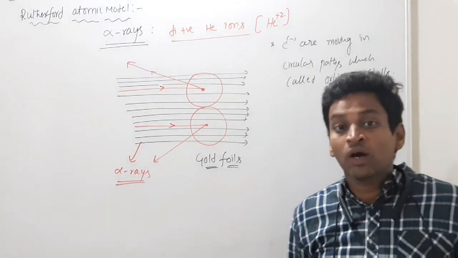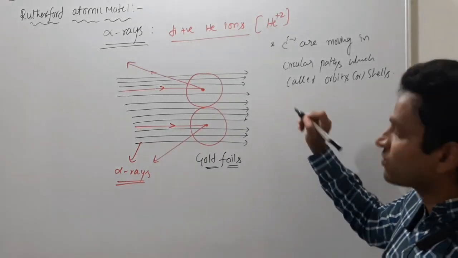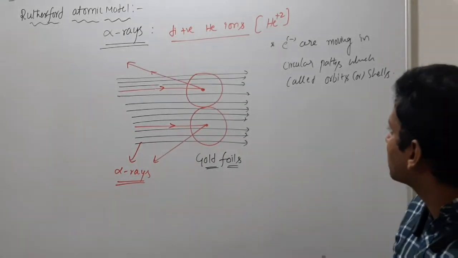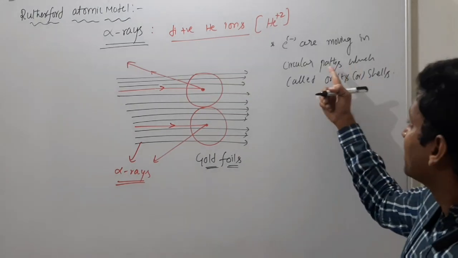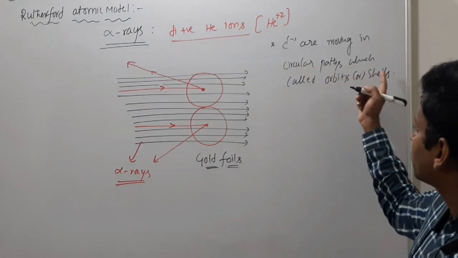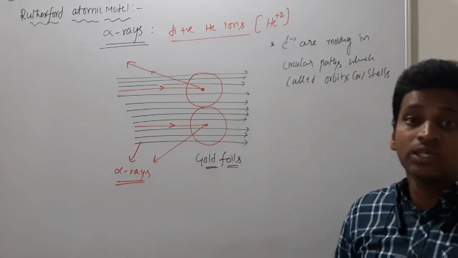Which are called what, sir? Orbits or shells. That's the first thing. So electrons are moving in circular paths around the nucleus, which we call orbits or shells.